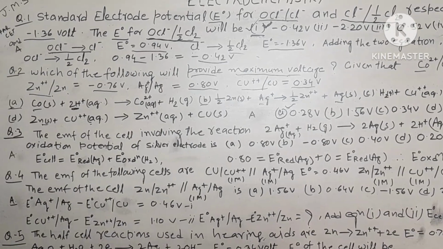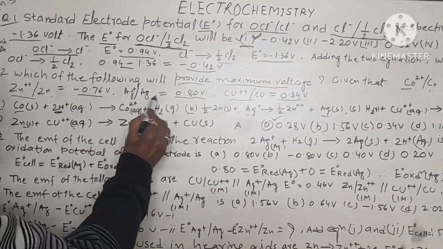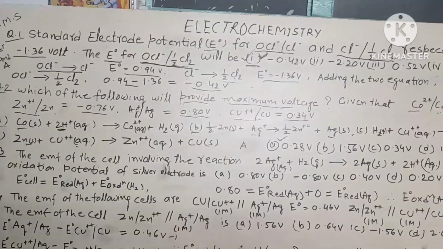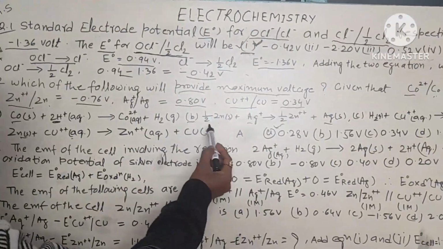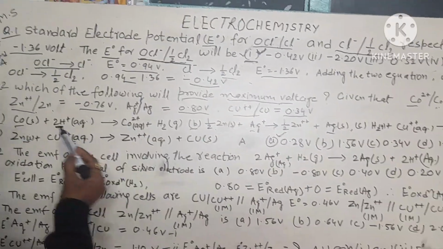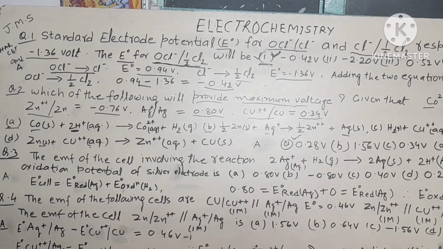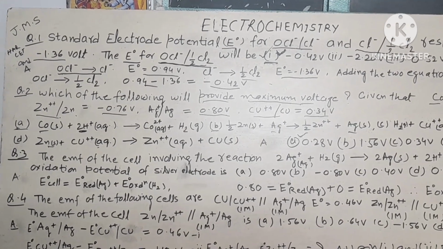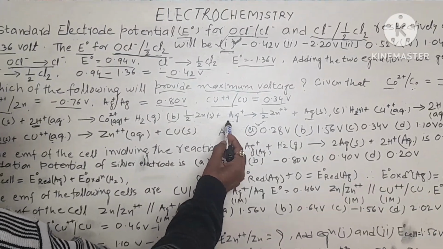First you write the cathode electrode potential, which is given as 0.80. Then 0.80 minus anode. The anode is zinc, whose value is given as minus 0.76.